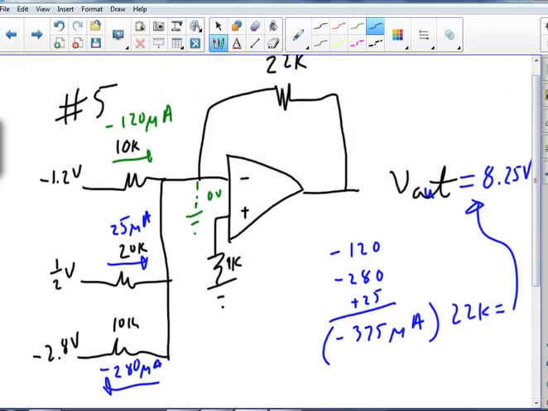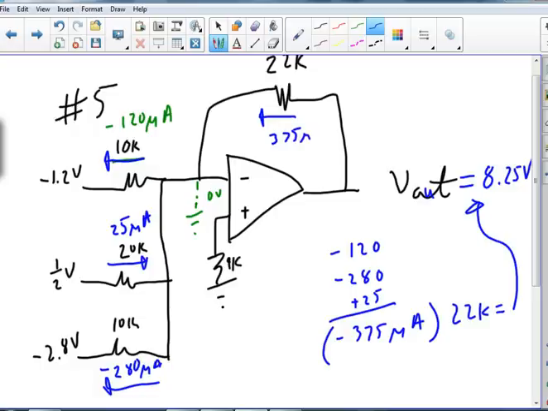Okay, so my virtual ground is sitting here. That means my current's going that way, my current's coming this way, my current's going that way, and we should probably have that current going that way just to be consistent with my picture. So I add them up, I have minus 375 microamps going that way, 375 microamps this way.